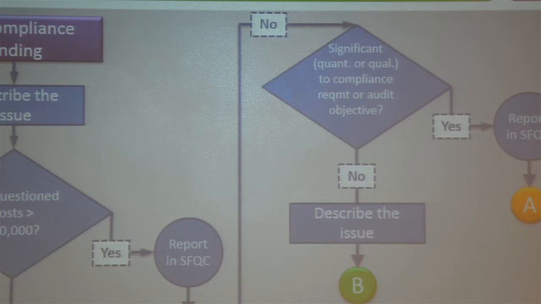So we're testing compliance. We detect non-compliance. We must decide how to report non-compliance. So all items of non-compliance that we encounter in the work papers must be resolved. They either resolve as findings, or they resolve as non-material non-compliance reported to the client in writing.